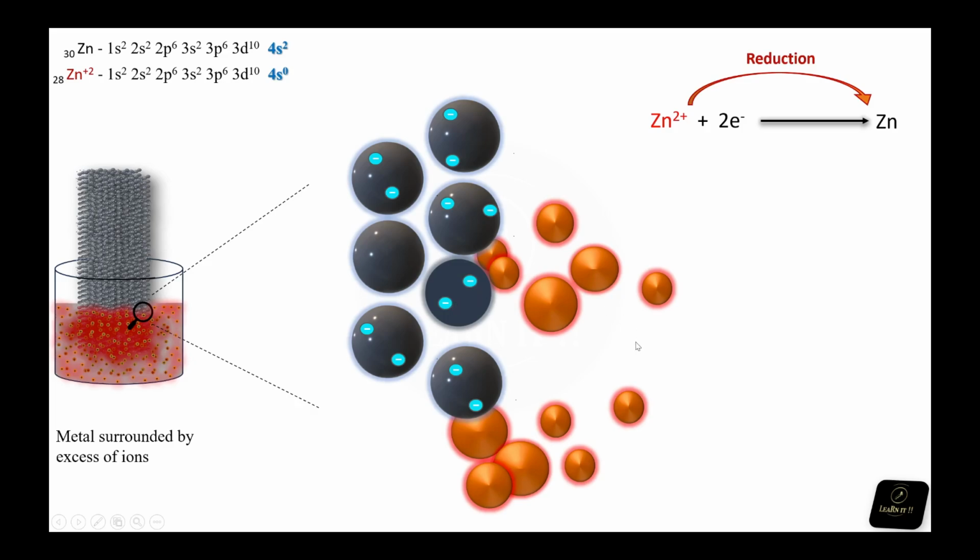This conversion of cations to atoms by the consumption of electrons is called reduction. The ion may take 2 electrons directly from one atom or 1 electron from neighboring atoms, and this continues.